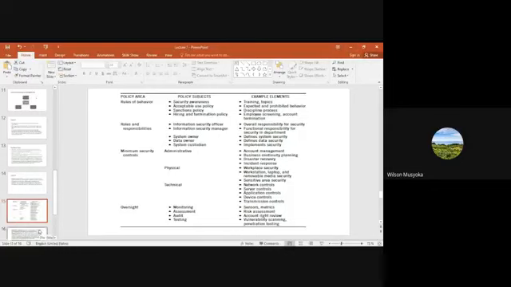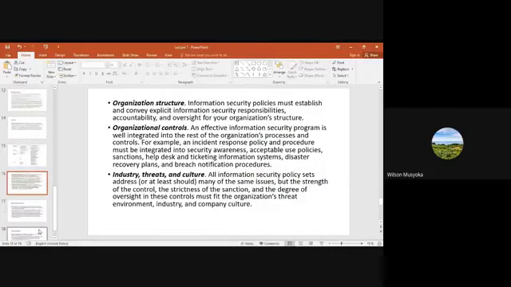So that is what it means. Then your security policy also needs to be aligned with your organization structure, meaning that they must establish and convey explicit information security responsibilities, accountability, and oversight for your organization's structure.